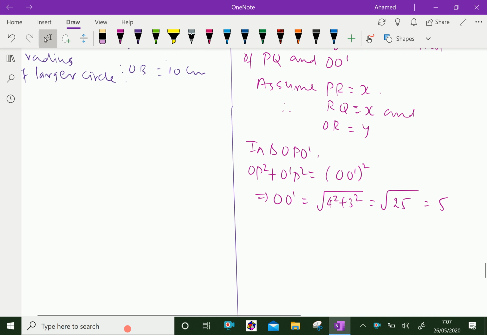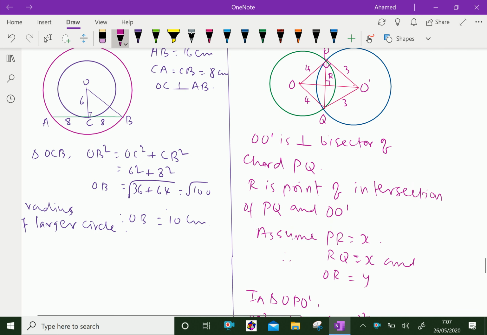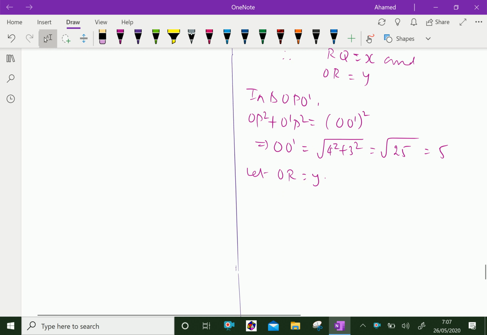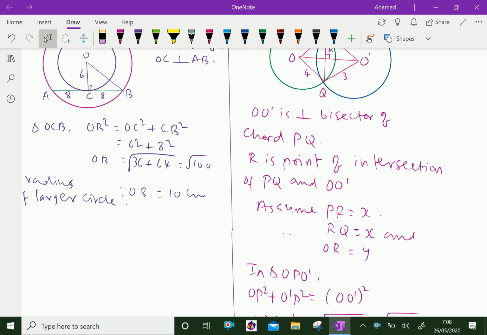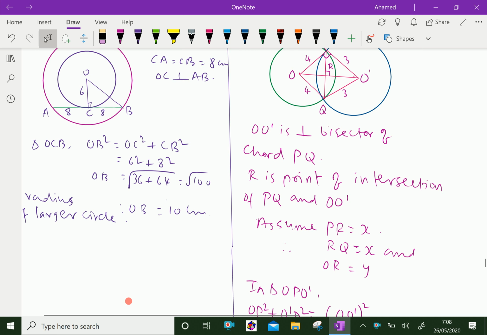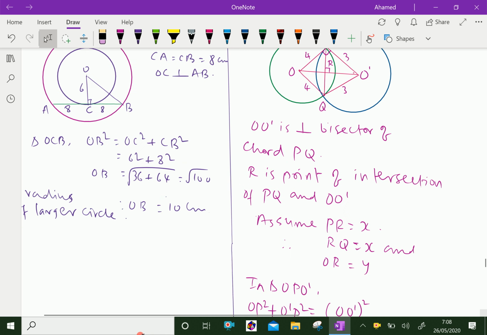Then let OR equal to y. Then in triangle OPR, by Pythagoras, OP square equals OR square plus PR square.